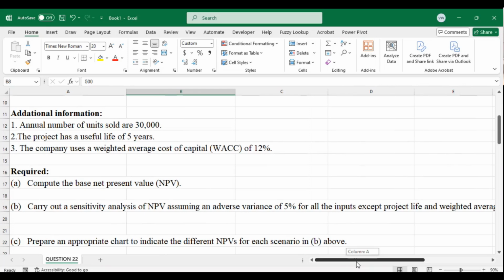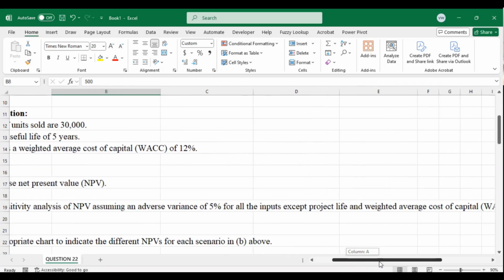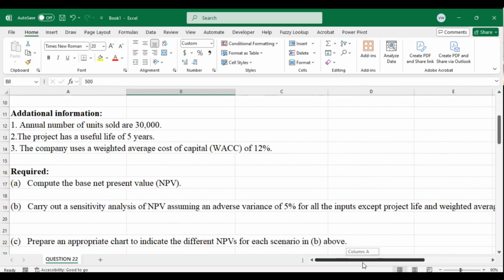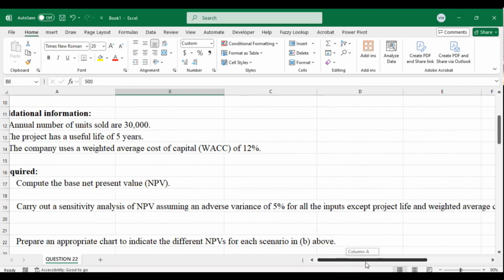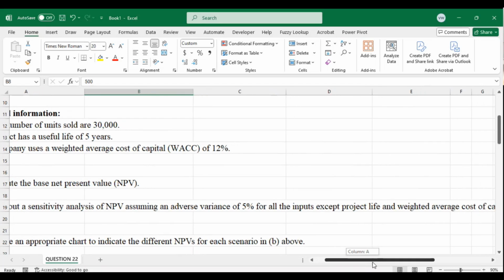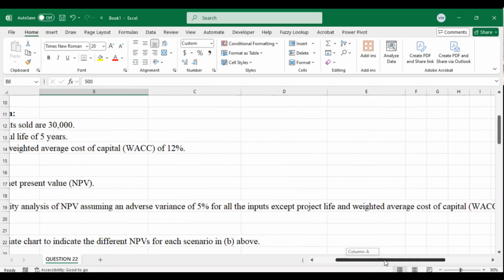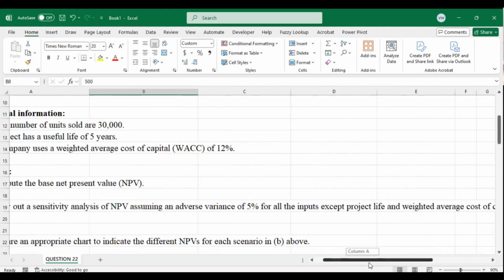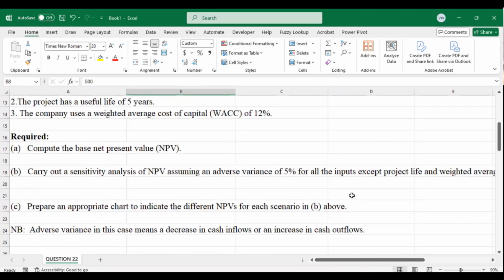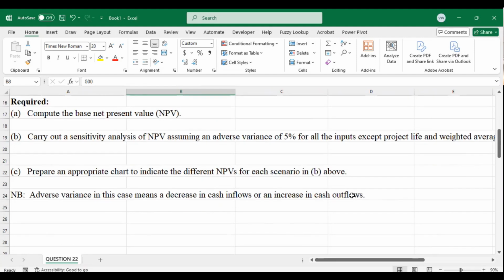So that is sensitivity analysis on all the variables. Prepare an appropriate chart to indicate the different NPVs for each scenario in B above. Note that in this case, an adverse variance means a decrease in cash inflow and an increase in cash outflow.